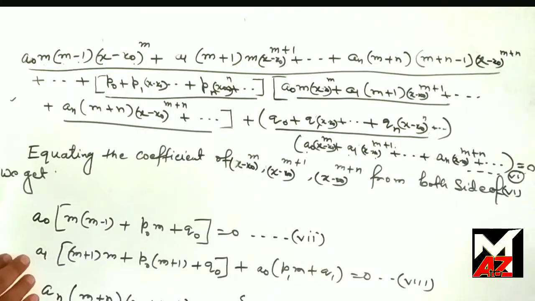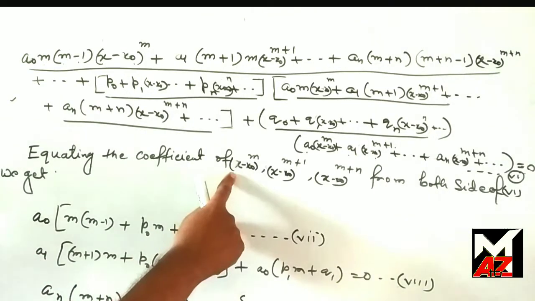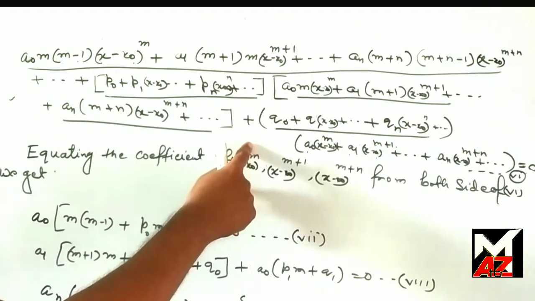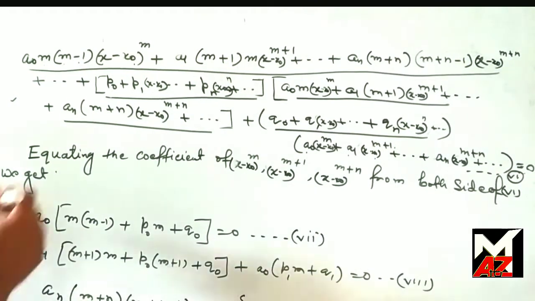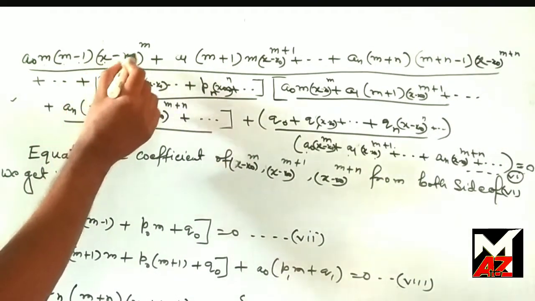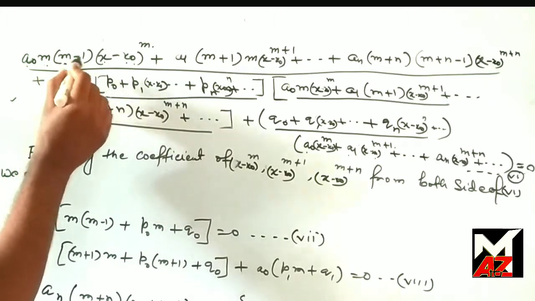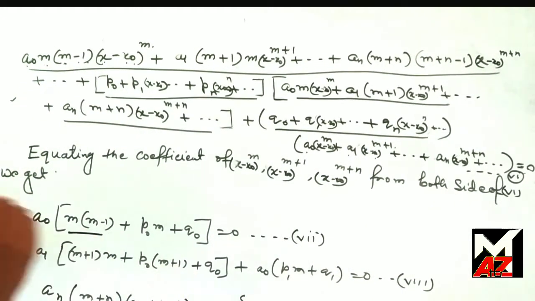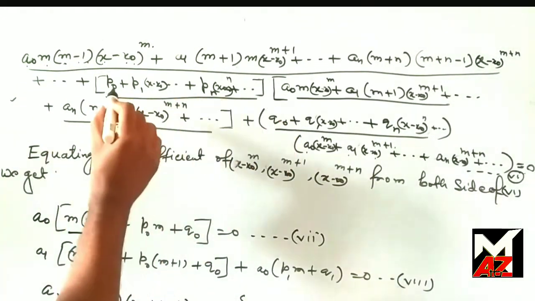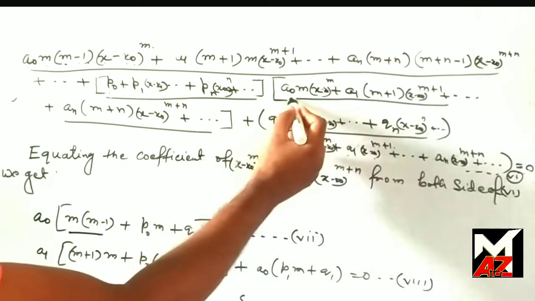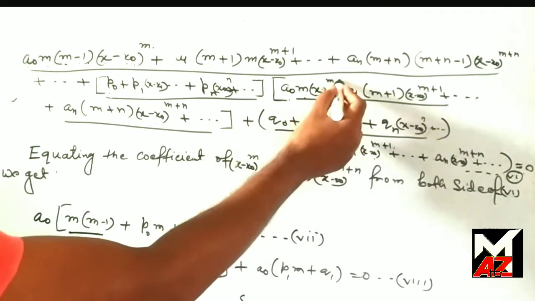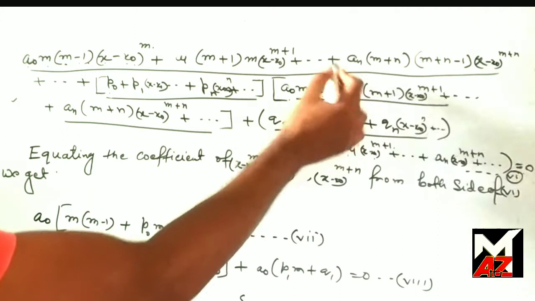The coefficient of (x minus x0) to the power m is a0 m into (m minus 1), and when we multiply p0 with a0 m (x minus x0) to the power m, we also get (x minus x0) to the power m.